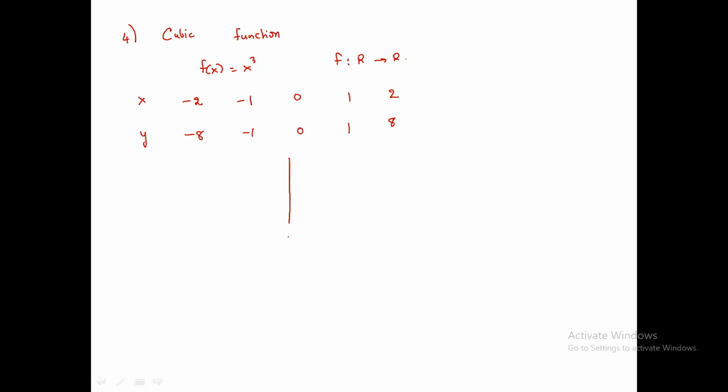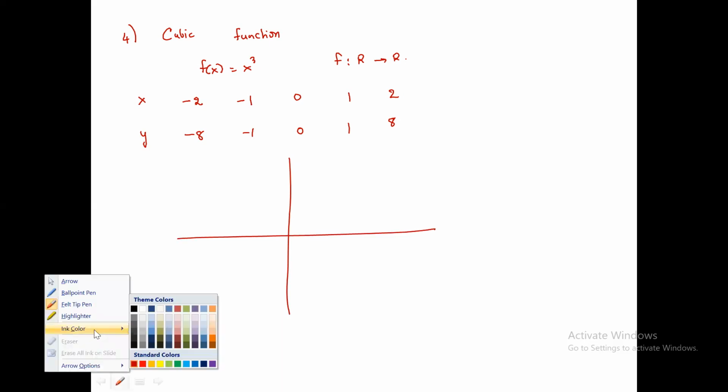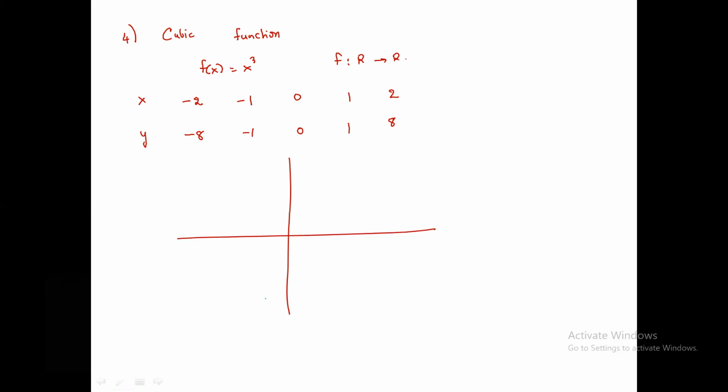On putting all these points on the graph, something like -2, -8, -1, -1, 0, 0, 1, 1, 2, 8. When you join all these points, you will get a graph like this.